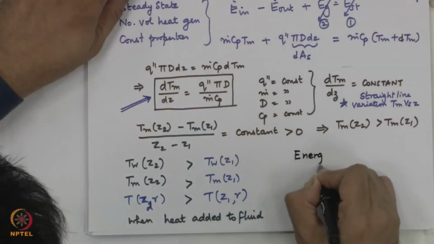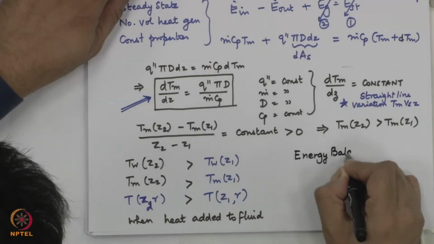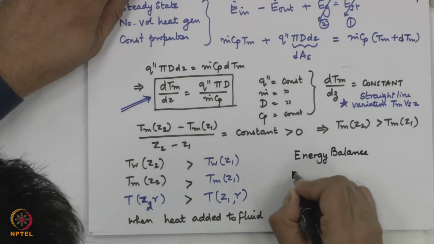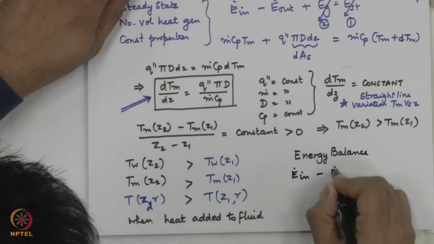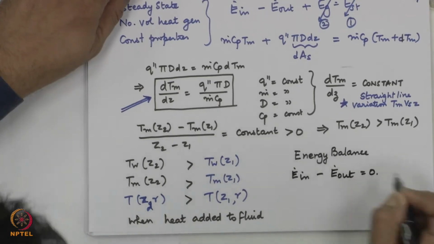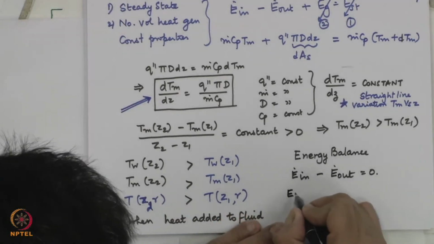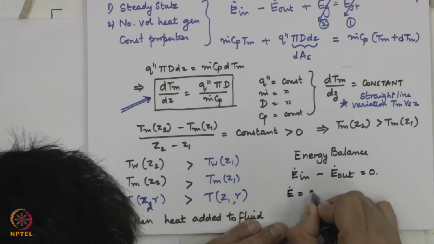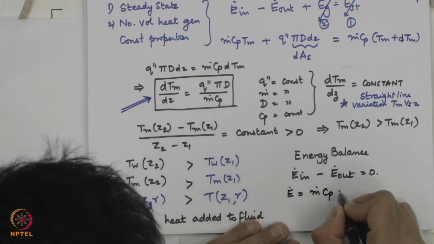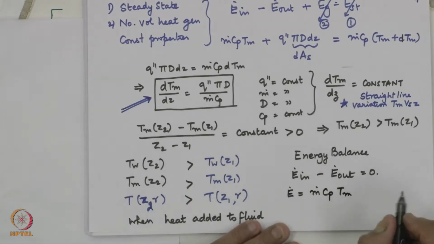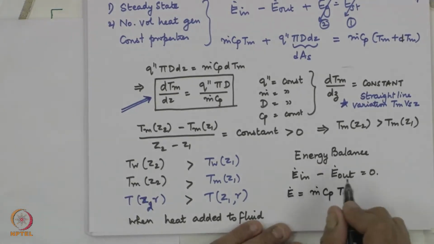Okay. So, if I now want to define this so called bulk mean temperature, it comes from energy balance. E dot in minus E dot out equal to 0, or if I write energy content E is m dot Cp T bulk mean. This is the energy content. Flow rate, therefore it is E dot.